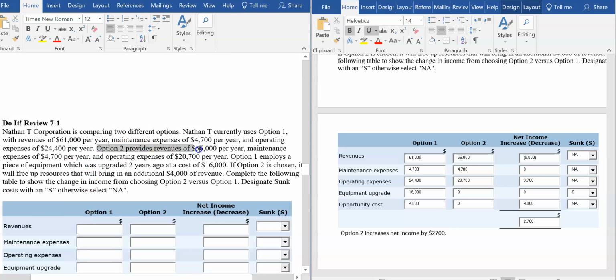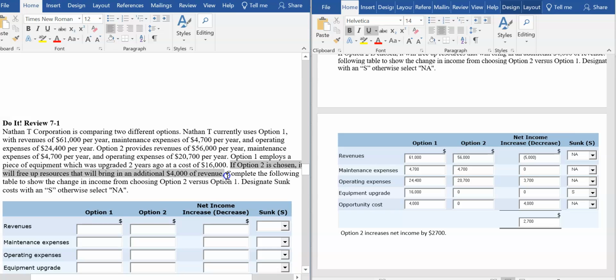The second option provides revenues of $56,000 per year, maintenance of $4,700 per year, and operating expenses of $20,700 per year. Option one employs equipment that was upgraded 2 years ago at a cost of $16,000. If they choose option two, it will free up some resources that will bring in $4,000 of additional revenue.